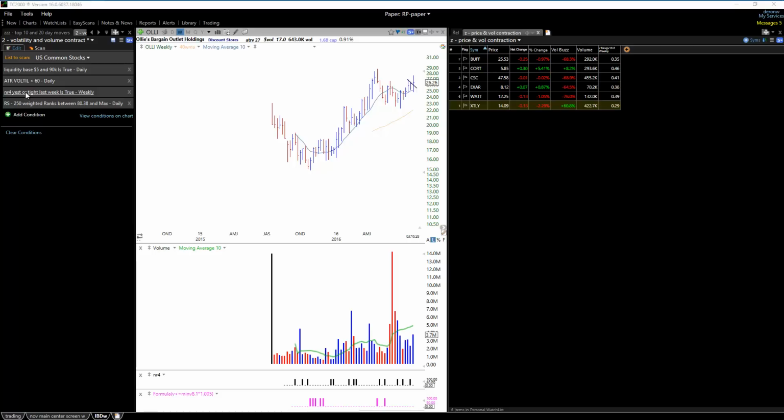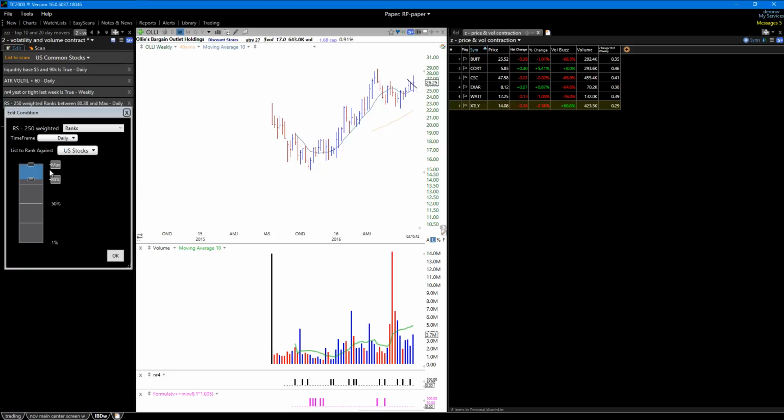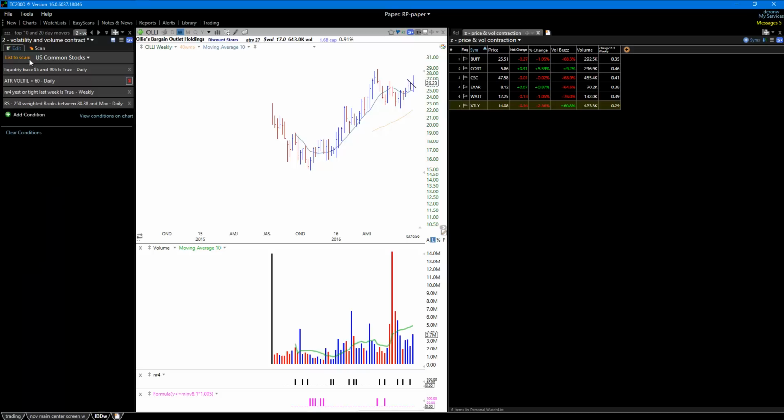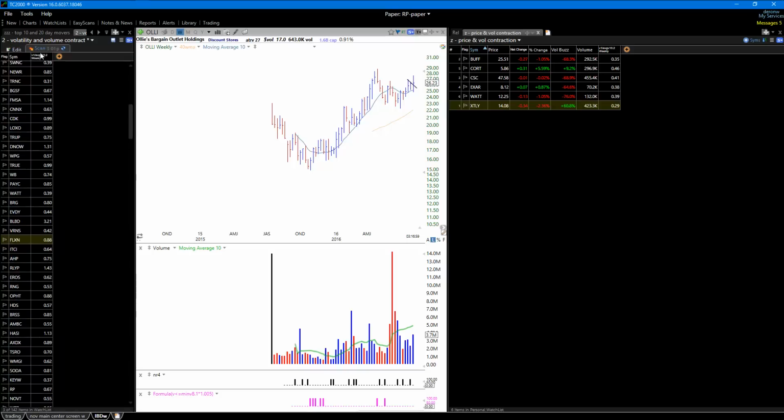So we use it on the weekly chart, and we've gone to an NR4, which means this week's action is the tightest of the past 4 weeks. And then we have the aforementioned relative price strength filter, which is basically we're looking for stocks that have outperformed 80% of other stocks over the past 6 to 12 months. So we hit scan and we come away with 142 results.